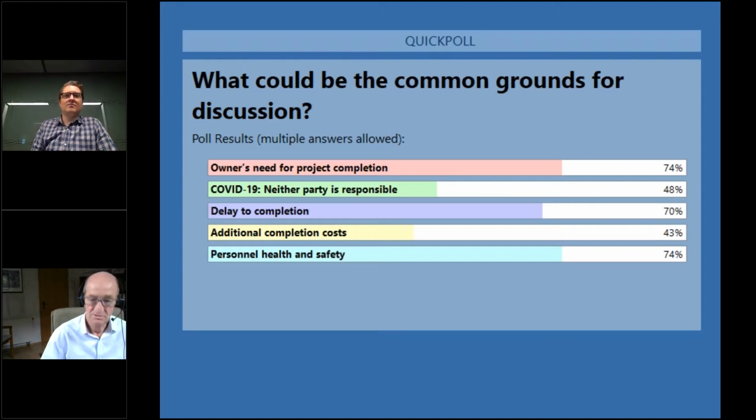Delay to completion, well, yes, there will have to be a conversation at some stage about that, but whether I would open the discussions on a presentation of what the extension of time and the delay is, I'm not so sure, because the risk is that the two parties will be even further apart.